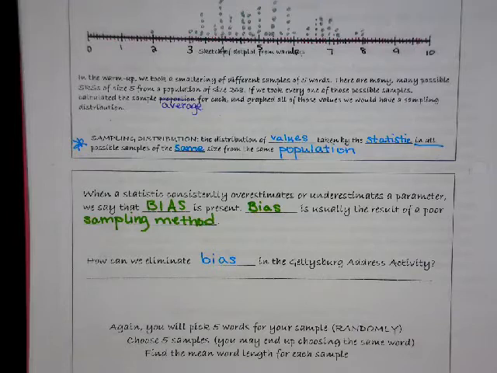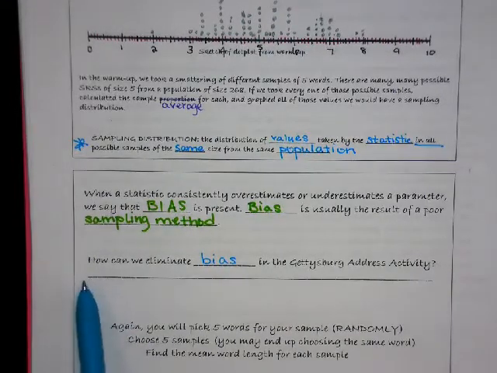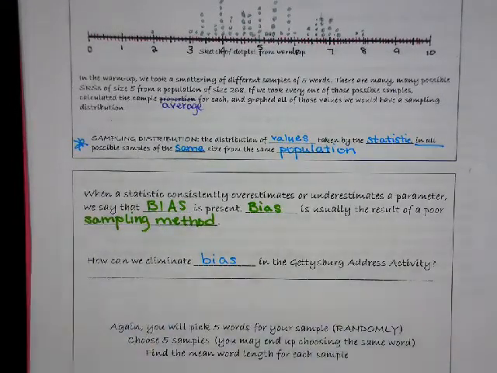Carter talked about it. Use a random word generator. Well, not word generator, number generator. That's semantics. I'm not going to get into it. So we're going to use a random number generator so that you guys get random samples of size 5.